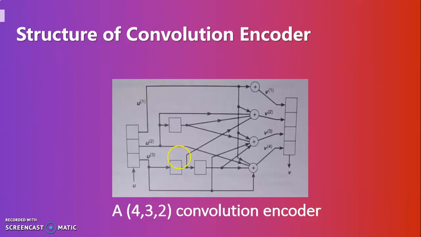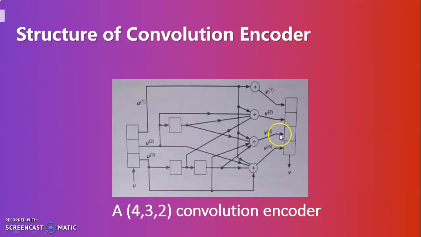The dimension of the encoder is 4, 3, 2. Why? Because here the number of inputs is 3. As you see in the picture, there are 3 inputs, and the maximum memory present in this structure is 2. So see, in the last line there are 2 memories present in that structure, which means the memory order is 2.